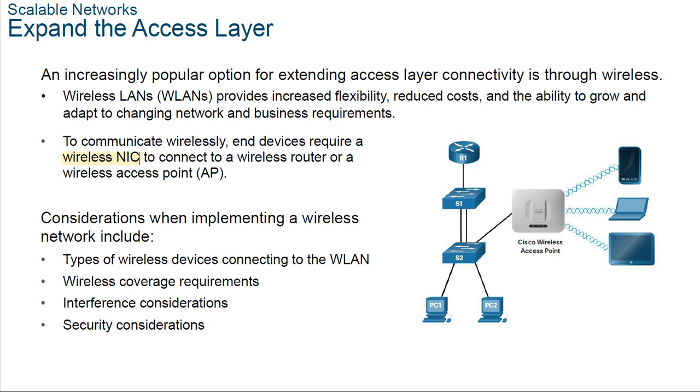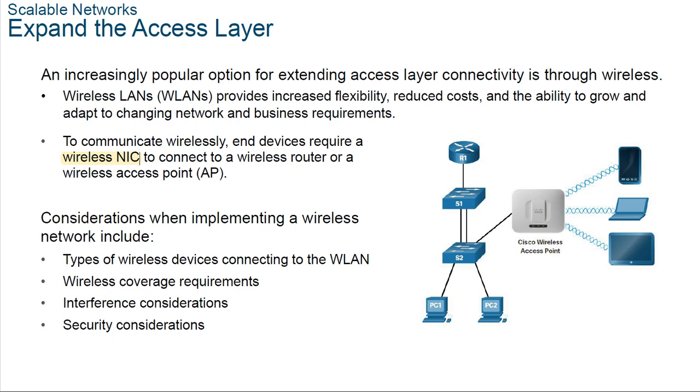So you try to look at the coverage, then you deploy a specific wireless access point based on its support or capability. How big is the perimeter? Is it 100 meters, 50 meters, and then how many devices it can support.